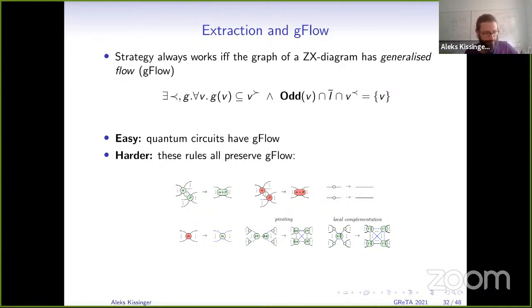And in fact, if your graph has a G-flow, that extraction heuristic that I showed you on the last page always works. Because I start with something that has a G-flow and then preserve that invariant with all of my rewrites, my heuristic works. So I can always extract and get a circuit back out.